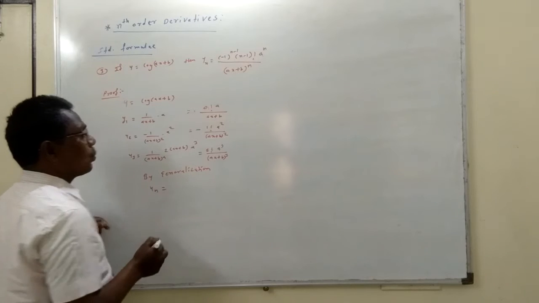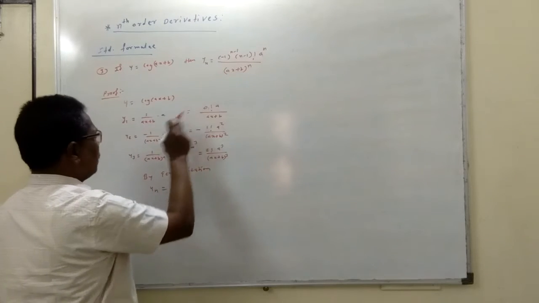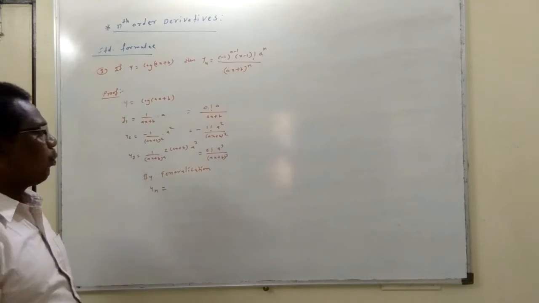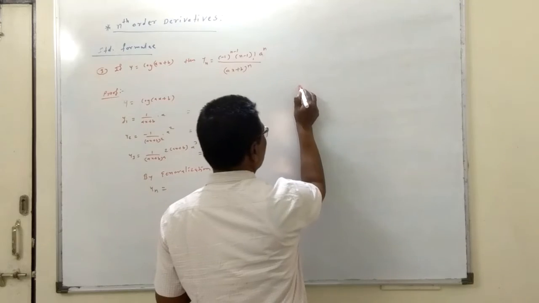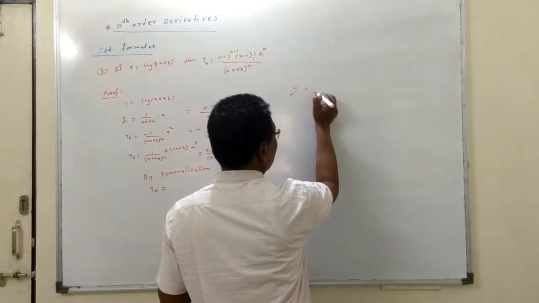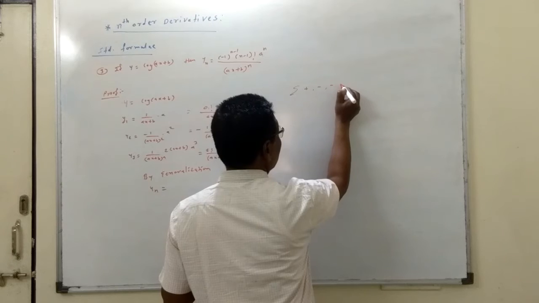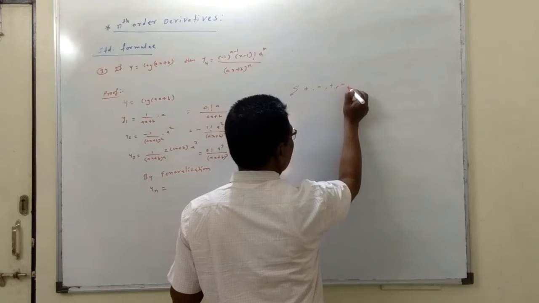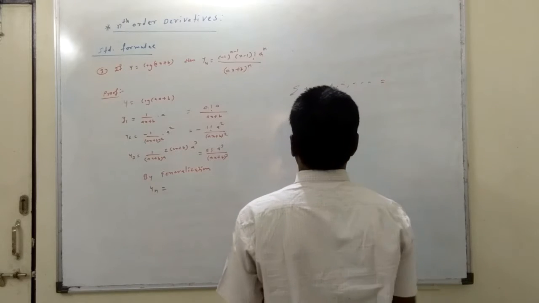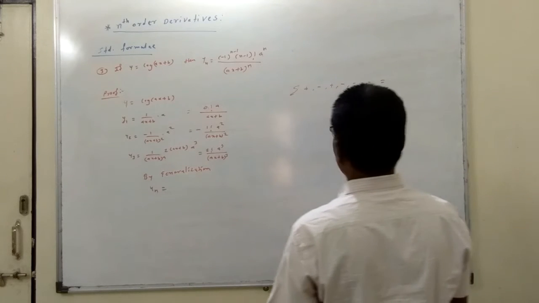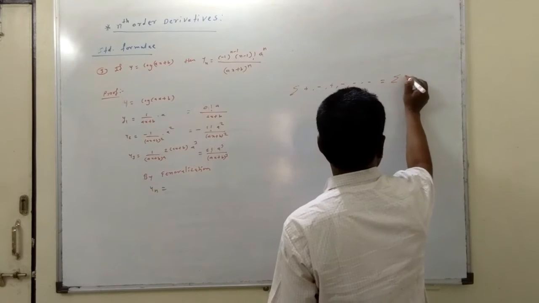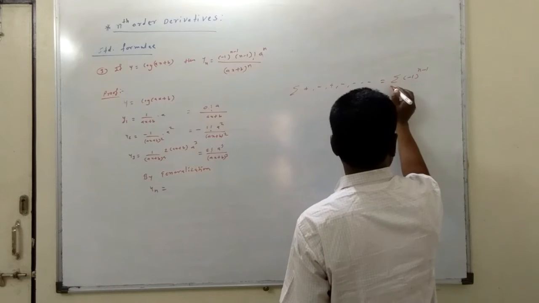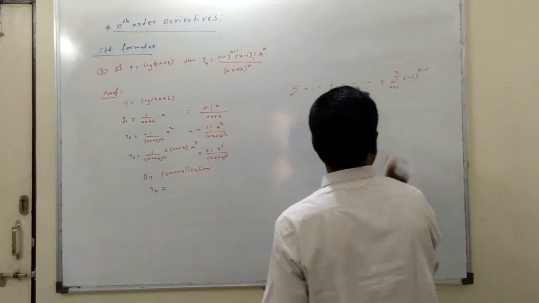yn is equal to, now here the signs are coming: for n equal to 1 positive sign, an alternating series, plus, minus, plus and so on. So first is positive, n takes the value 1, so we can write the summation of minus 1 raised to n minus 1, n is equal to 1 to n.